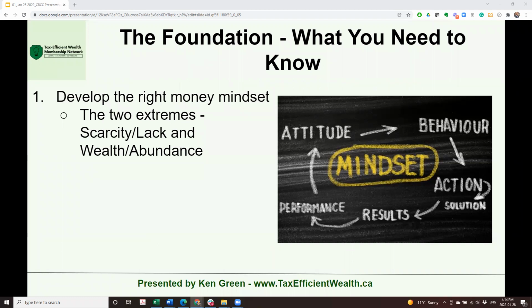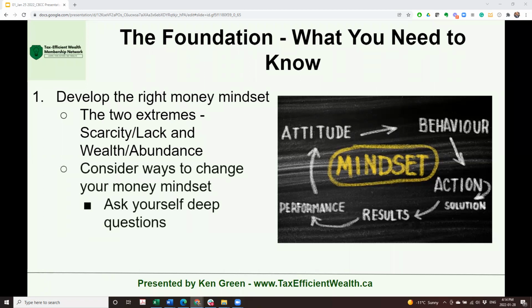What I recommend is to consider ways you can change your money mindset. One of the ways you can do that is by asking yourself some deep questions. For example, what comes to mind when you think about money? What significant money wins or growth have you experienced over the last, say, maybe 10 years?